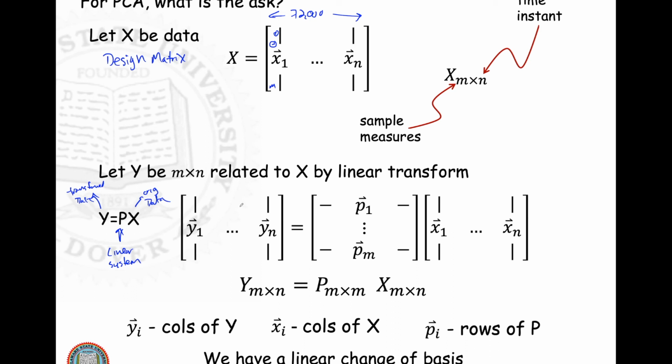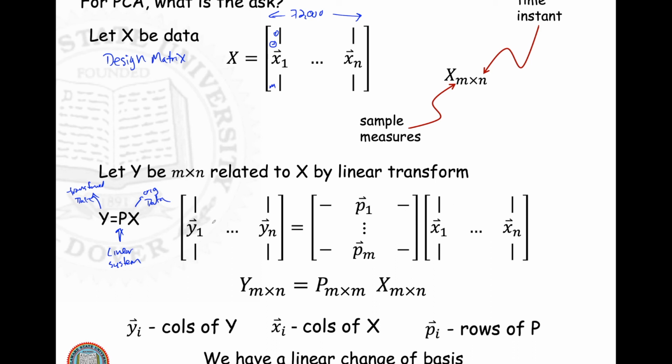Y is also M by N, where M is the number of measurements and N is the number of samples. So the rank hasn't changed, just the values through some new transformation. Y is related to X by linear transformation.